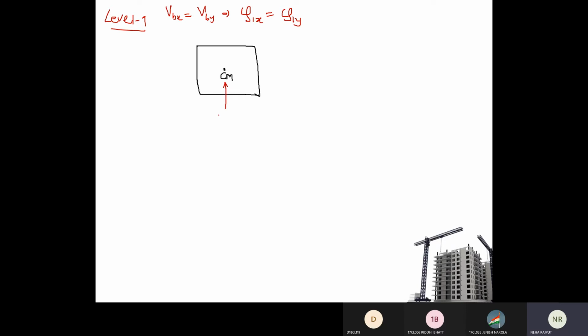So this is my Q1Y force, and this is my Q1X force, which is acting on the center of mass point.